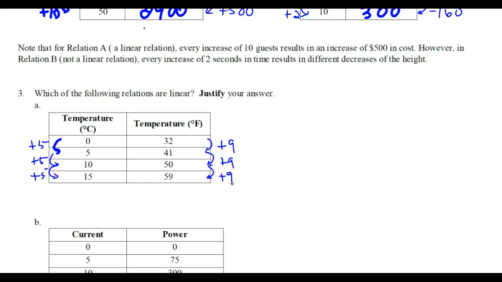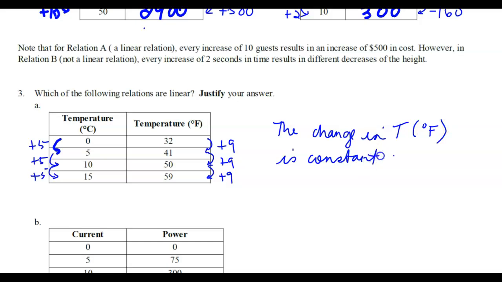It's a constant rate of change. So the change in T degrees Fahrenheit is constant with respect to the change in T degrees Celsius. So that's all I do.